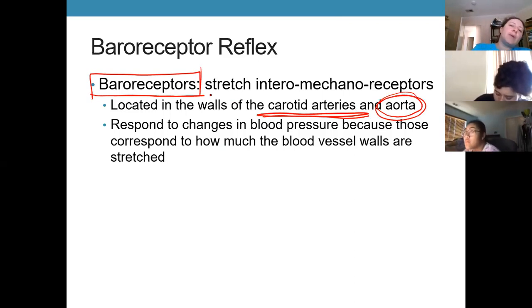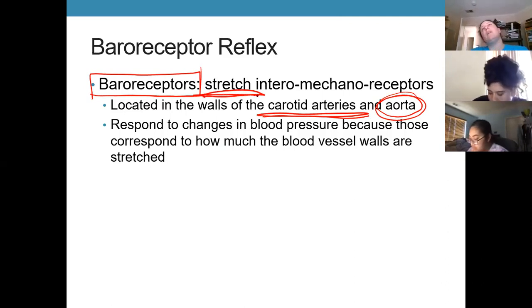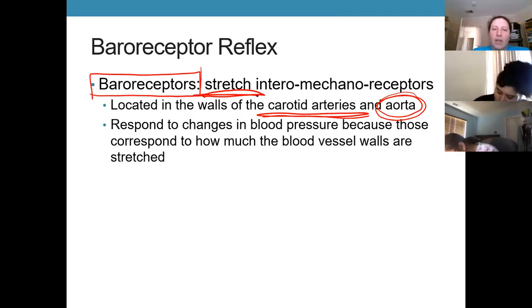And they respond to stretch. So blood pressure will be pushing on the inner walls of the blood vessels. Higher blood pressure pushes more, which stretches the walls more, and then vice versa, lower blood pressure stretches less. So that's how we use stretch receptors to monitor blood pressure.